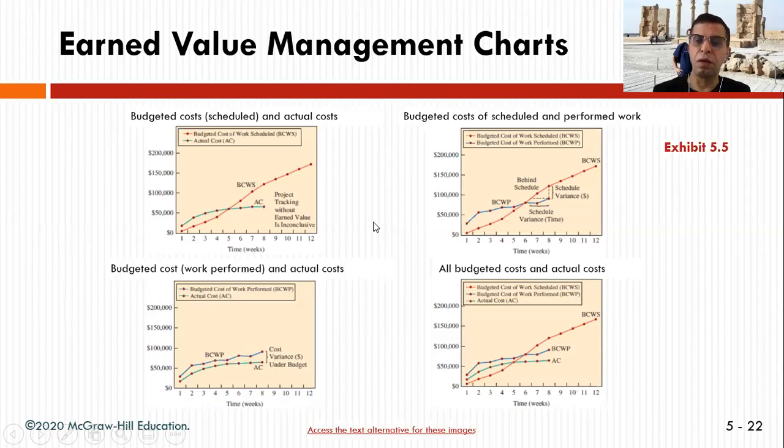Sometimes if you compare the actual cost to the budgeted cost, it's not showing you whether you are delivering, because you might be not working and consuming some money. So the actual cost is going high, but you're not delivering the project.